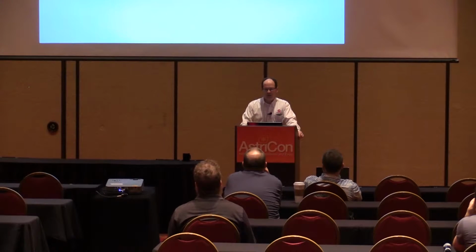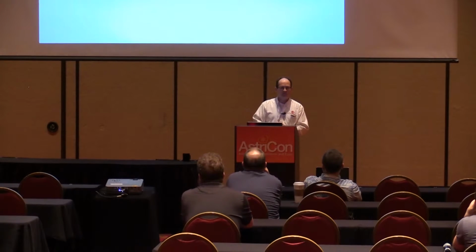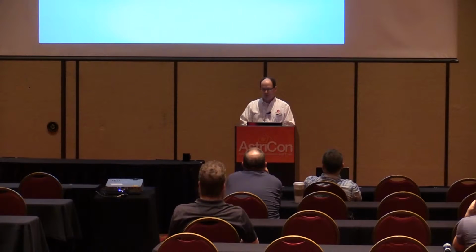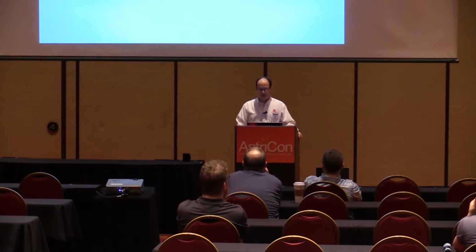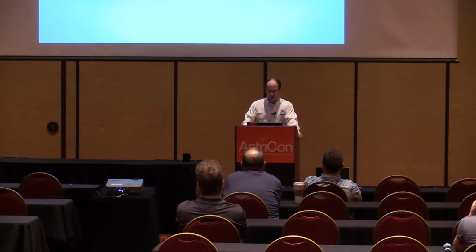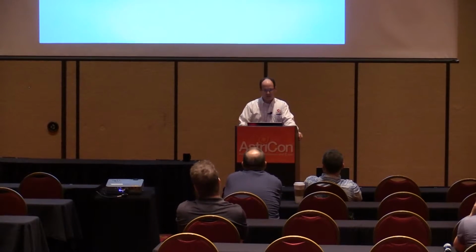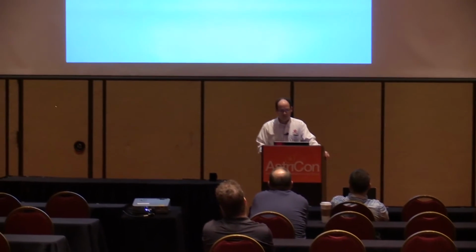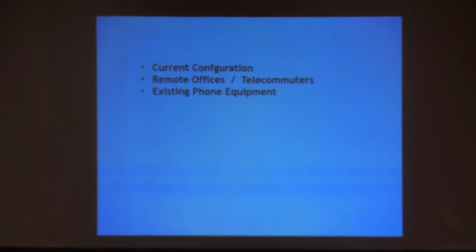We start by asking about the phone system that's currently in place, what the customer likes, and what they don't like. And then we ask about satellite offices and telecommuters. Then come questions about the existing phone equipment.